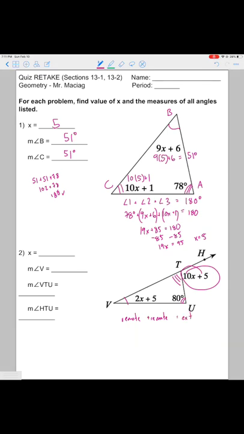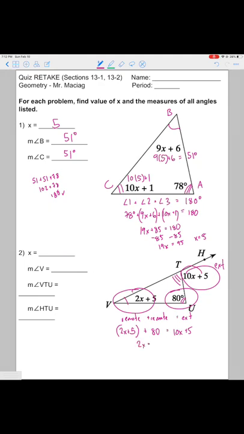We know which ones are remote because those are the 2 on the inside that we have, and they do not touch our exterior angle, which is on the outside. So when we set this up, we get 2x plus 5, which is one angle, plus 80 degrees, which is our other remote angle, equals 10x plus 5, which is our exterior.